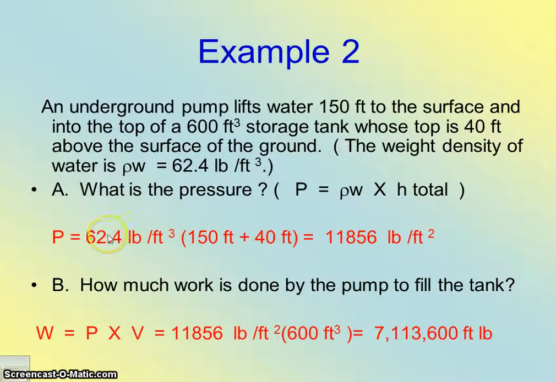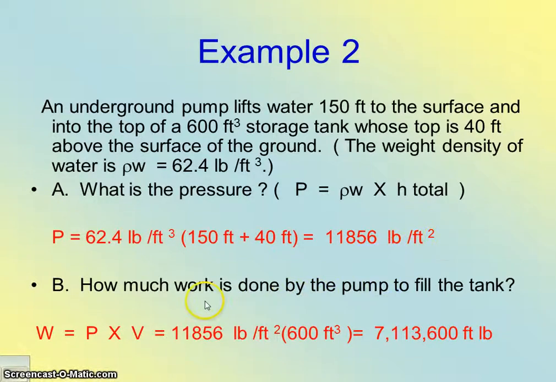Now that is the weight density specifically for water. If you were using something else, like let's say oil, you would need the weight density specific for that oil. So anyway, when you multiply these two together, this is what you're going to get, 11,856 pounds per square foot. So you found the pressure.